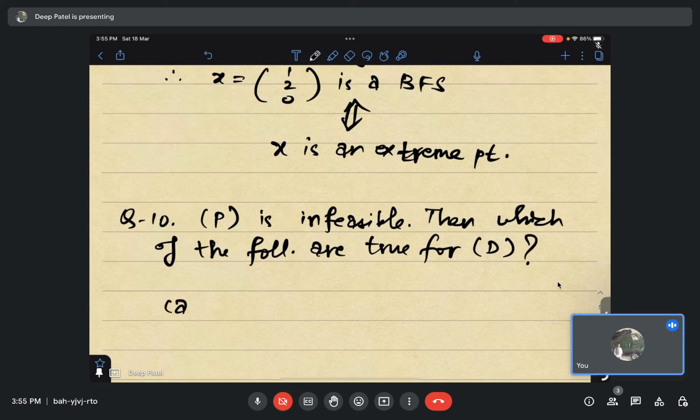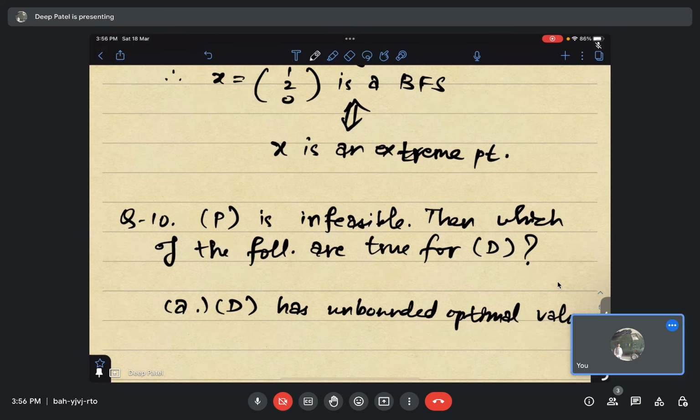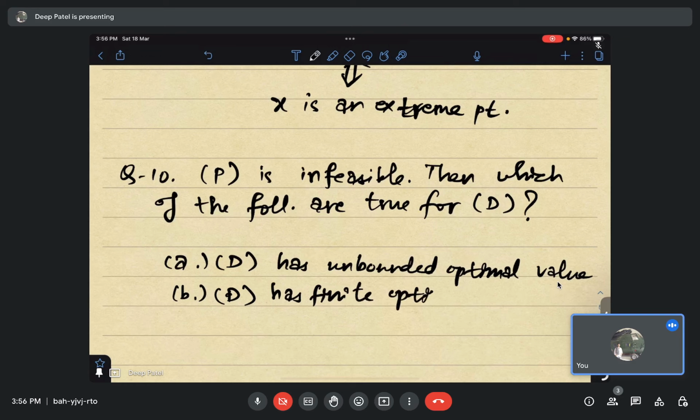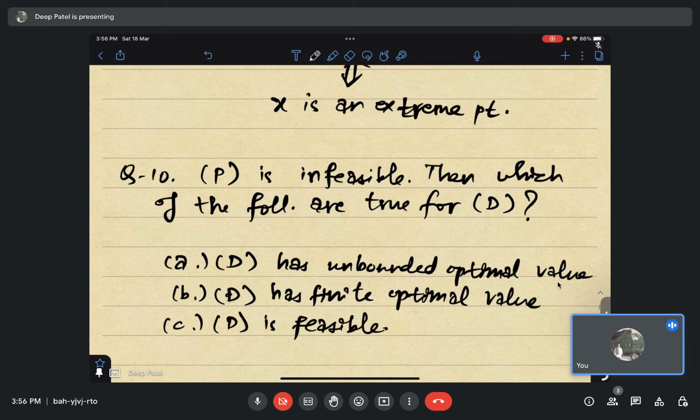The options are: dual has unbounded optimal value; dual has finite optimal value; and dual is infeasible. So which of the following may be true? I'll be a bit careful.